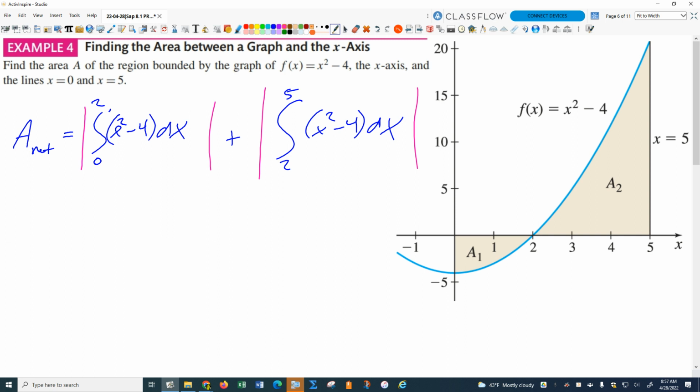We could alternately just make sure that we're always defining the areas with the top function first and the bottom function second. So without absolute values, this would just look like the integral of, what am I going to have in here? If I don't want absolute values, how am I going to define that area? See what I'm getting at here?